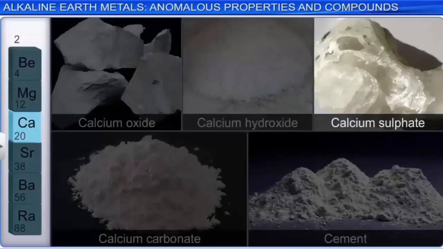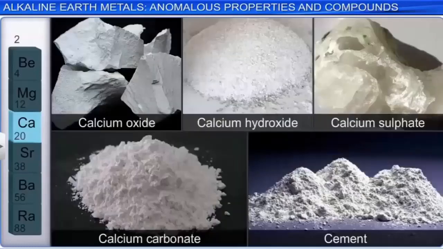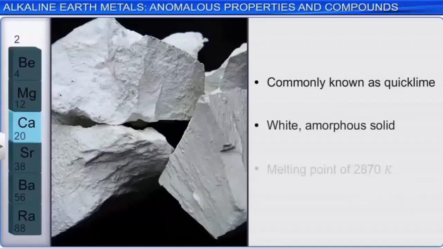Calcium oxide is a white, amorphous solid with a melting point of 2870 Kelvin. To prepare calcium oxide on an industrial scale, limestone or CaCO3 is heated in a rotary kiln at 1070 to 1270 Kelvin.